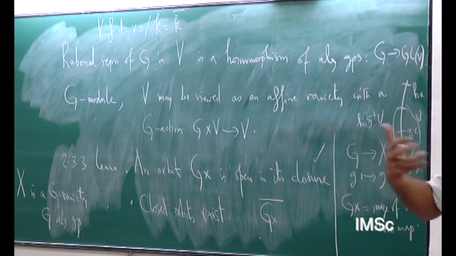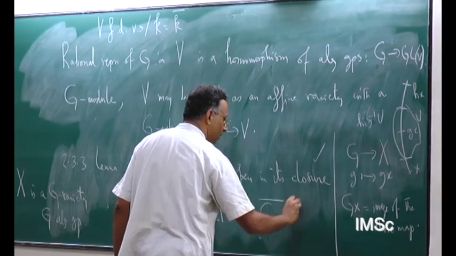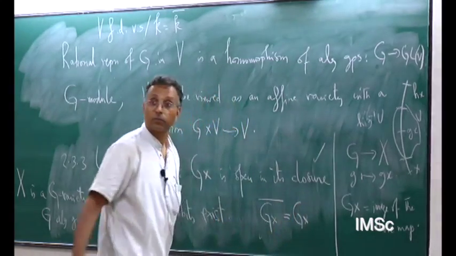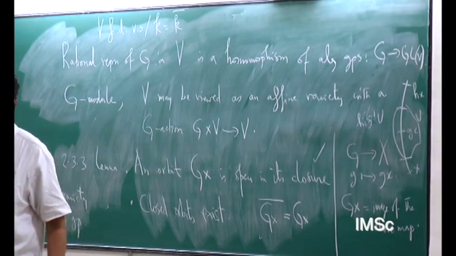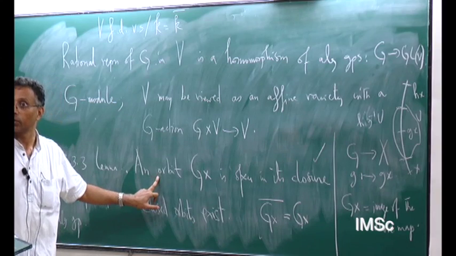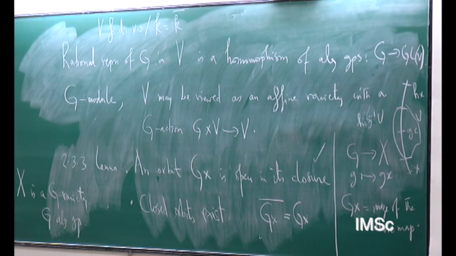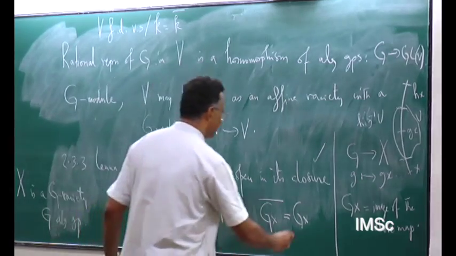That's just abstract set theory. So you can write, but among them there is Gx, which is open in its closure from the first one, and there is the rest. Okay, so Gx union the rest.